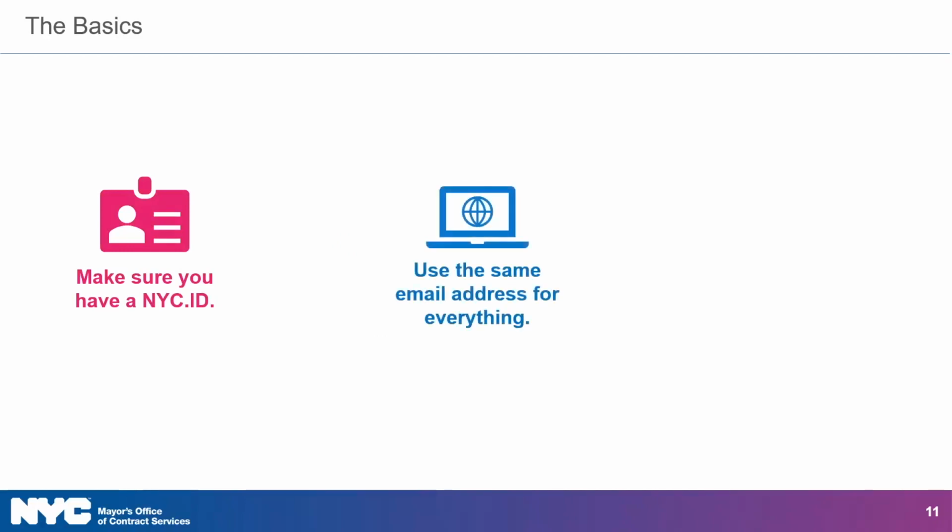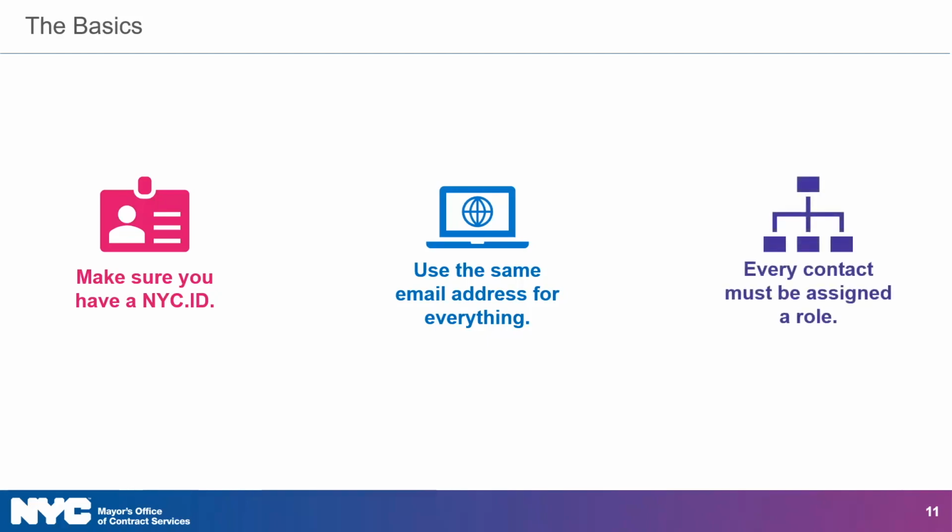All contacts must log into Passport with the same email address that was used when they were added to the organization's Passport account. This should also be the same email address used to create your NICE ID. And every contact must be assigned at least one user role to be able to work in Passport.